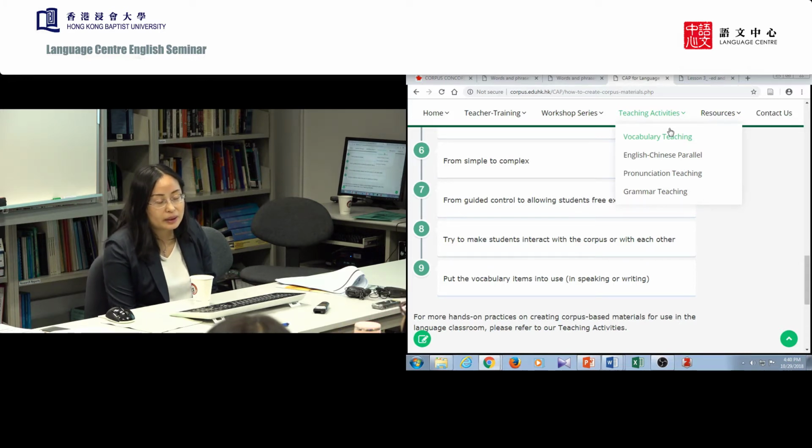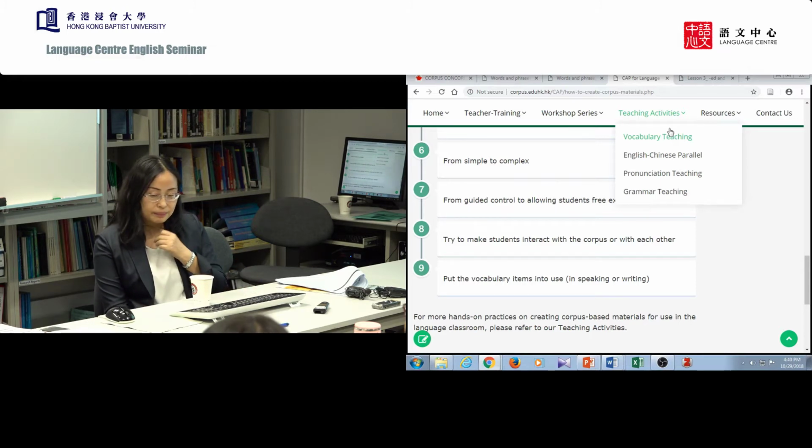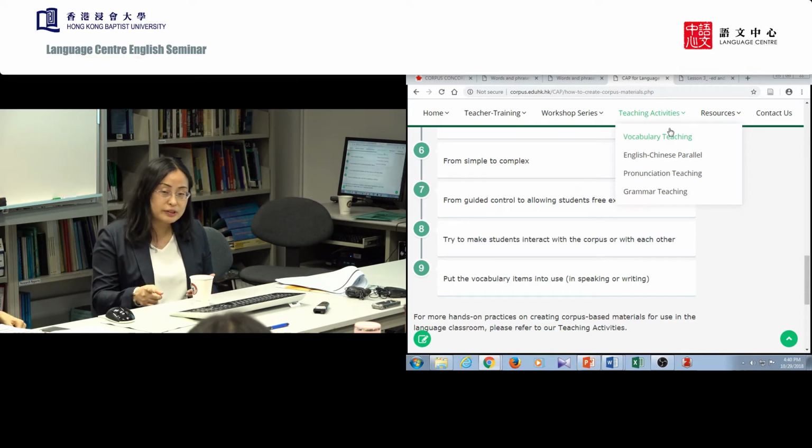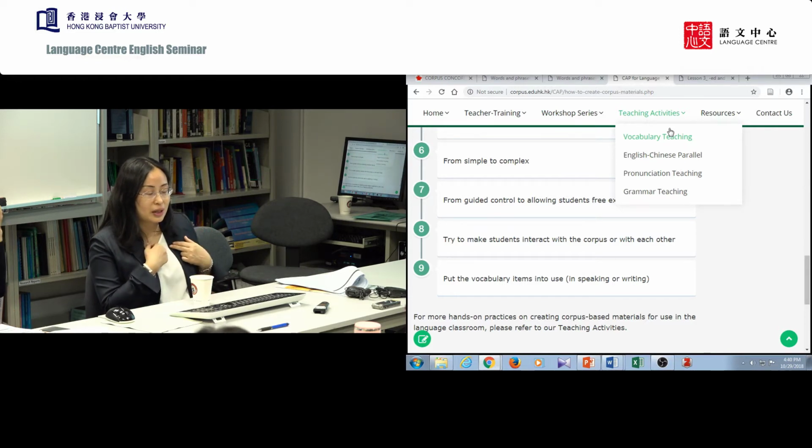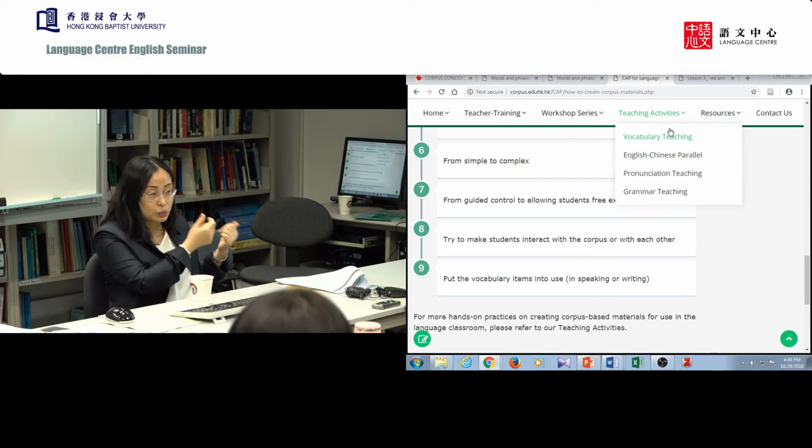I understand. My understanding is that corpus linguistics or corpus research is quite popular at tertiary level, and some researchers like you may already have developed materials for your students. For us, it's very difficult because most school teachers don't know what a corpus is, so our target is school teachers.